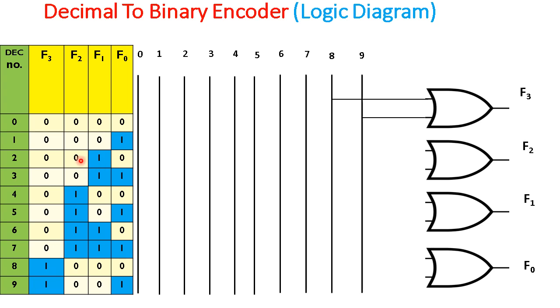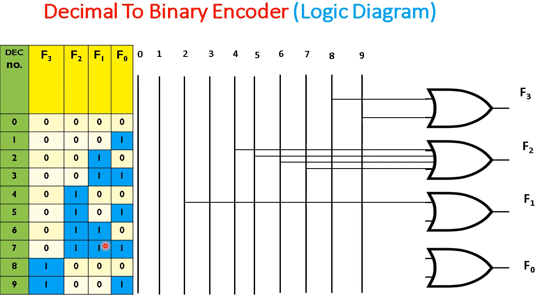Similarly, F2 connects to 4, 5, 6, 7, so F2 will connect to 4, 5, 6 and 7. Then F1 connects to 2, 3, 6 and 7.